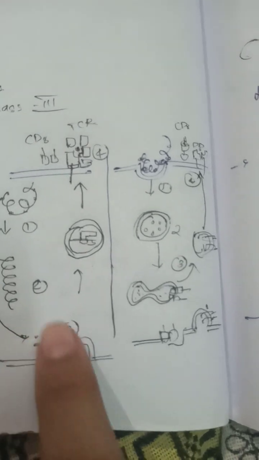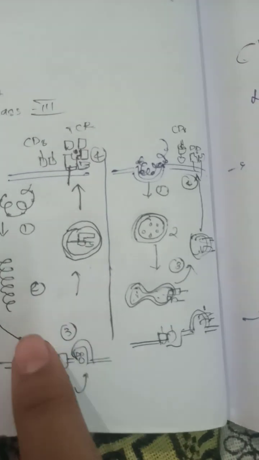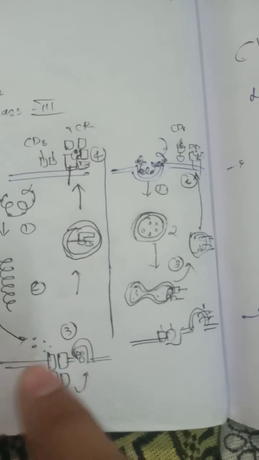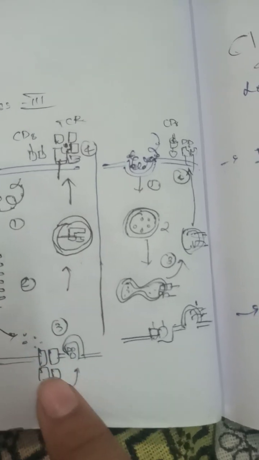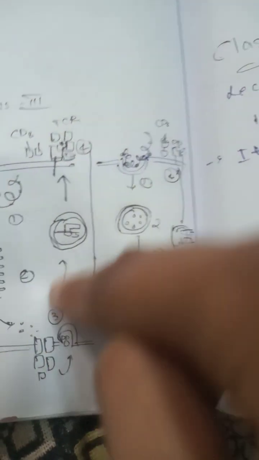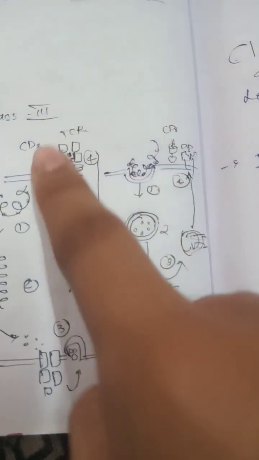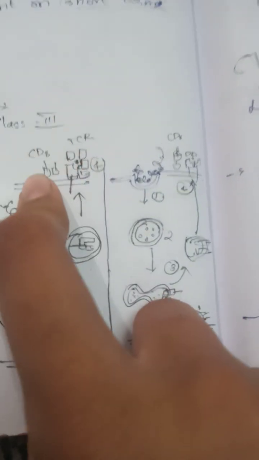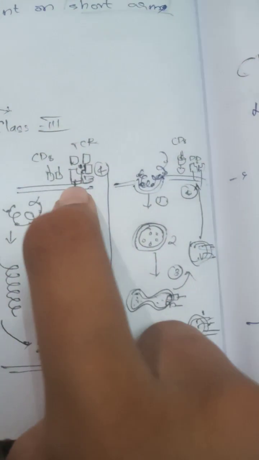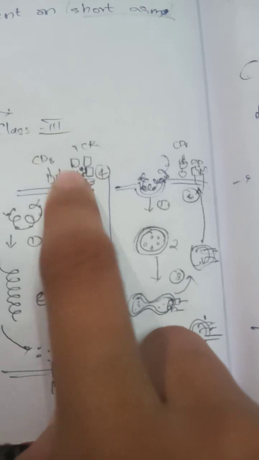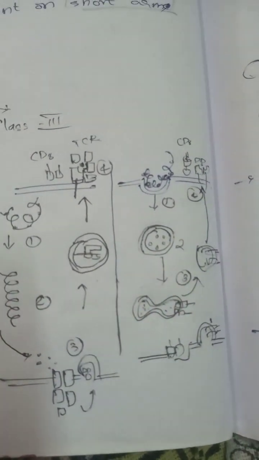So the peptide-MHC association complex is taken up onto the cell surface, where with the help of CD8 it helps in presenting the antigen towards the T cell.